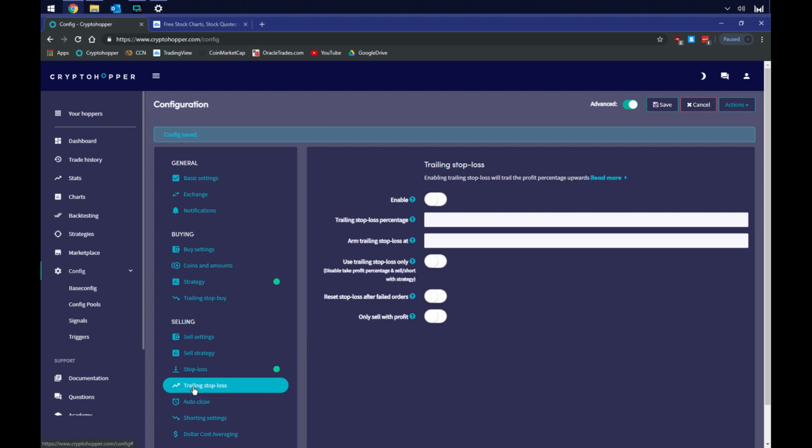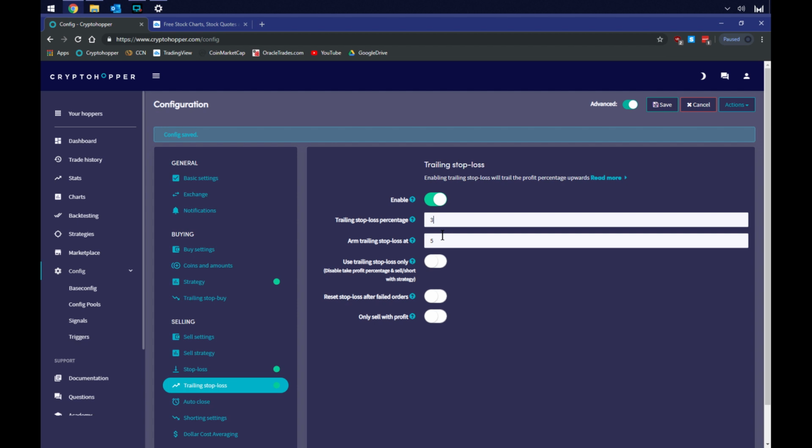What this does is that it will activate the stop loss after a certain percentage gain referred to as the arming. So after we gain 5%, we set the trail to 3. So if it drops by 3 percentage points, then this currency pair will be sold, guaranteeing you a profit of 2%.